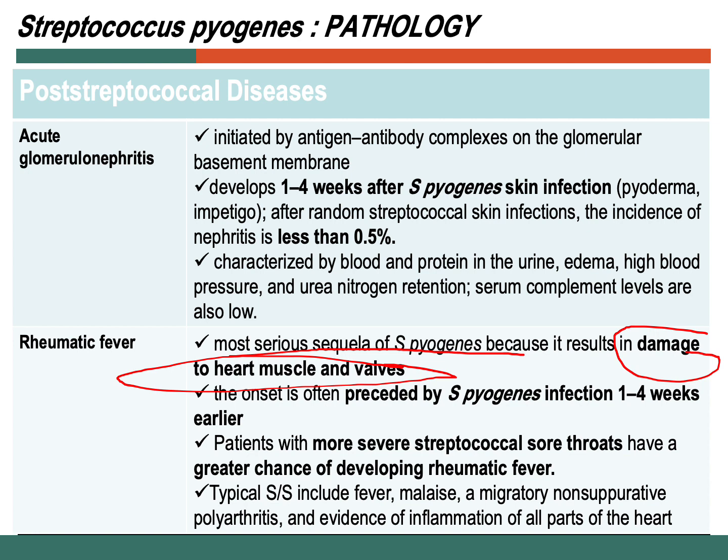It is characterized by inflammation of the heart, joints, and blood vessels, because the organism's M protein cross-reacts with the tissue antigen in the heart. This is often preceded by Streptococcus pyogenes infection 1 to 4 weeks earlier.